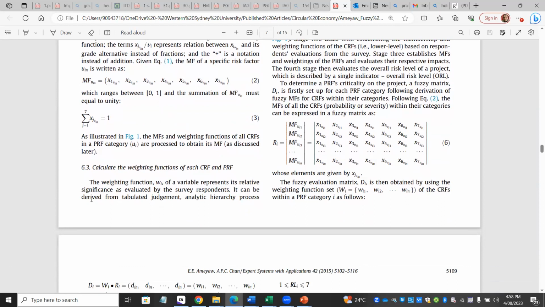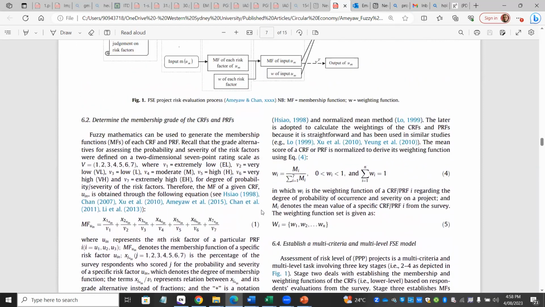It can be derived from tabulated judgment, analytical hierarchy process, and the normalized mean method. The latter is adopted to calculate the weightings of the CRFs and PRFs because it is straightforward and has been used in similar studies. The mean score of a CRF or PR is normalized to derive its weighting function using this. So don't forget this.